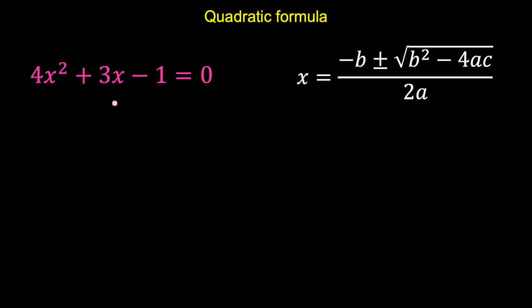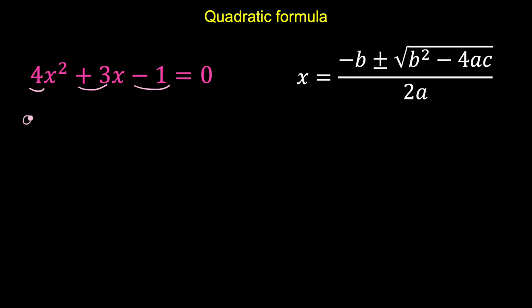As you can see, all the terms with x and the constant in this equation are on the left and 0 is on the right. So a is the number in front of x squared, b is the number in front of x, and c is the constant. And remember that you need to take these numbers with the signs before them.